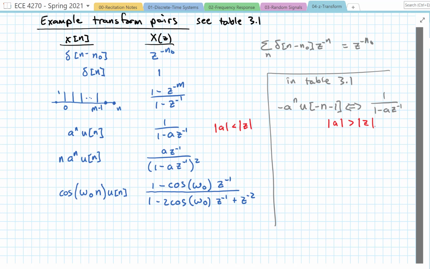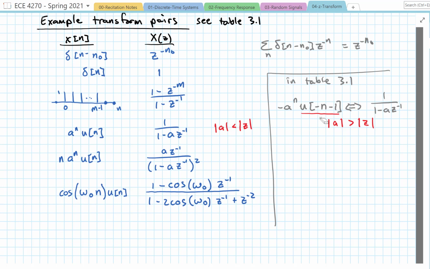And once again, it's because we're raising z to the negative power of n, and we want this quantity to decrease as we go towards infinity. But with a negative sequence, this one is a left-sided sequence, infinity means going towards negative n. And so in that case, we want z to go to 0 as it's raised to an infinite power.